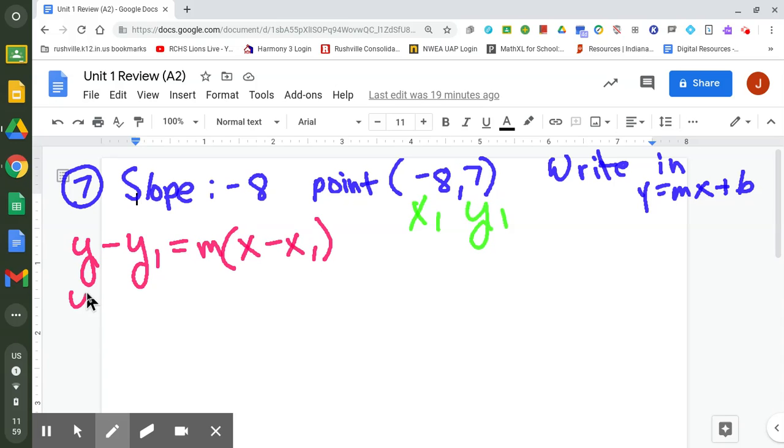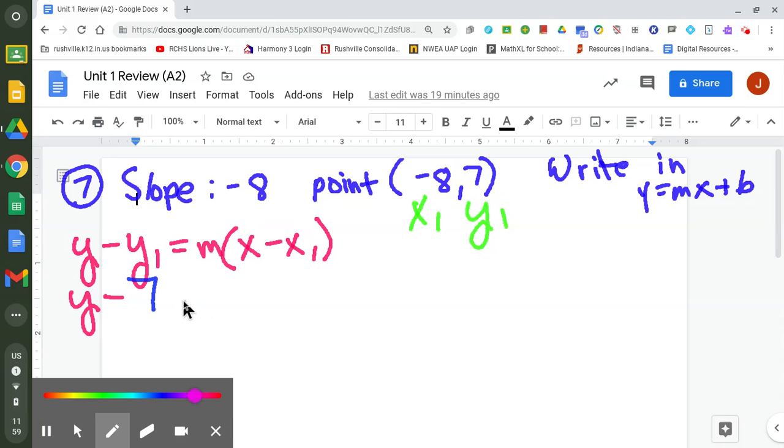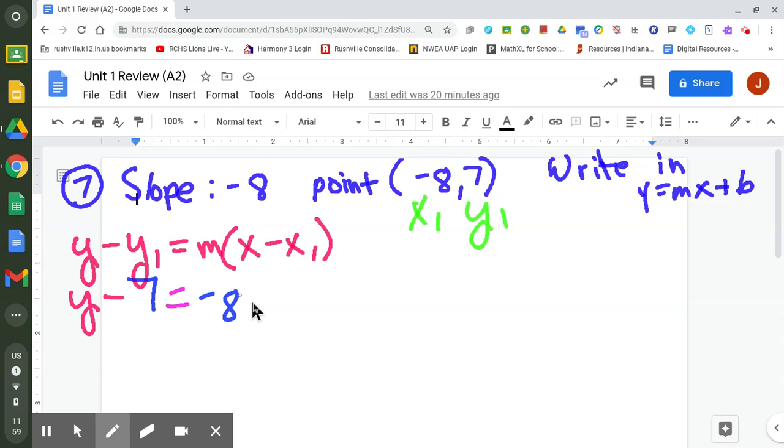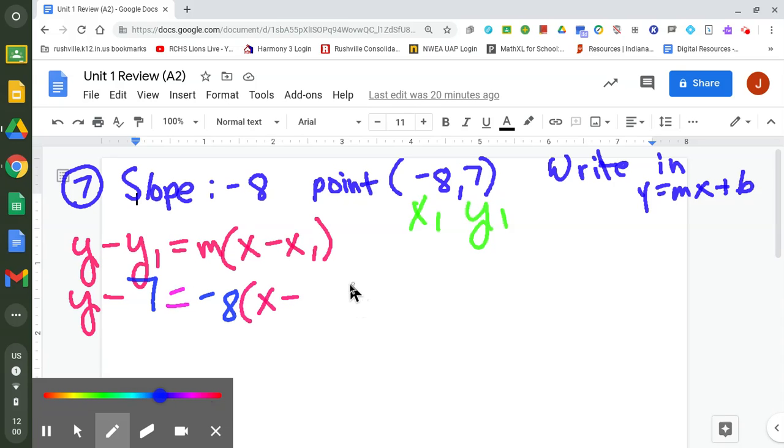So this y stays, and then I have the minus, and then I'm going to substitute in the y1, which is 7, positive 7, equals my slope. I'm going to substitute it in, so that's negative 8. And then parenthesis x minus, and I'm substituting in the x1, which is negative 8.